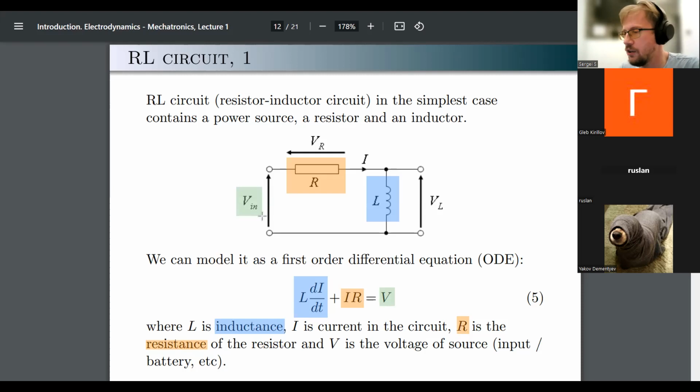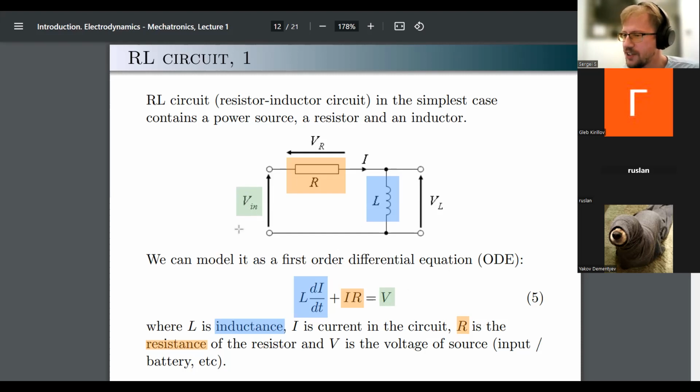If you have done some work in the lab, you have seen laboratory power sources where you have a knob, you can turn it, and produce different voltage at the output. You can think of V in as this power source. It works like a battery, but we can expect changes in the voltage if we want. It doesn't have to be static. All right, and that is it.